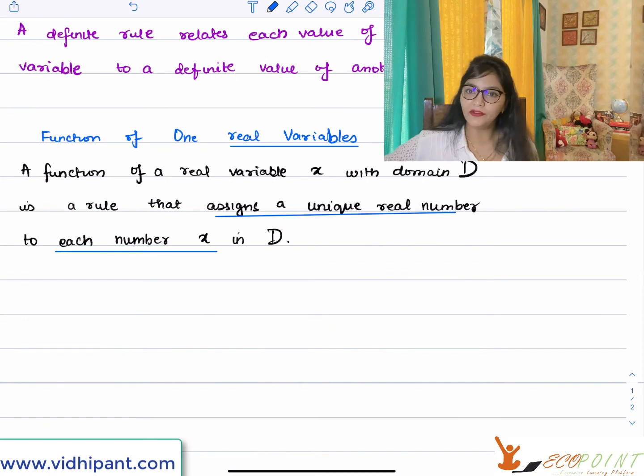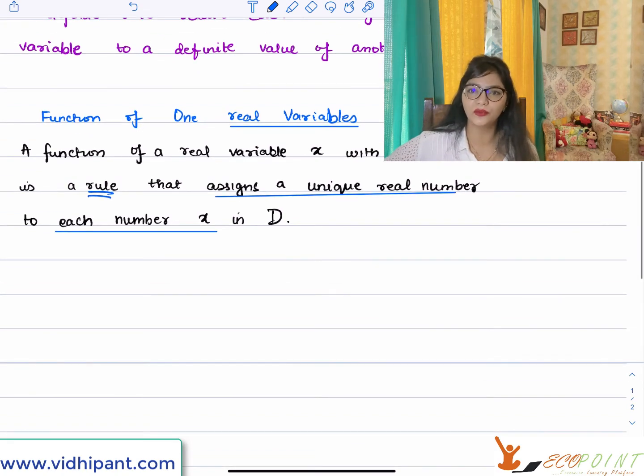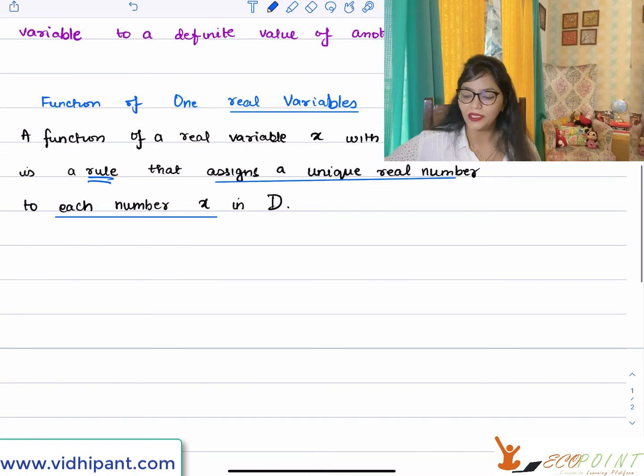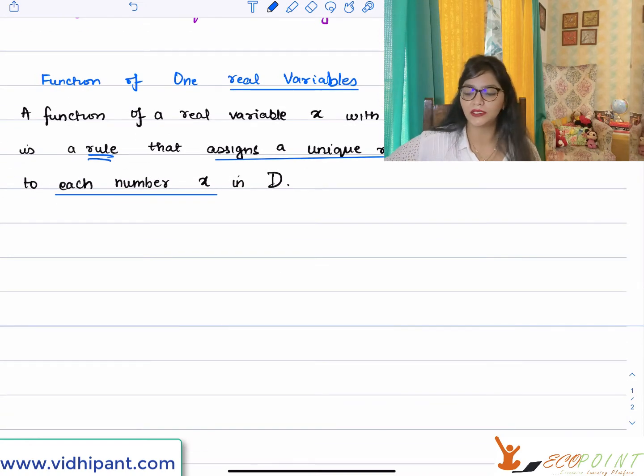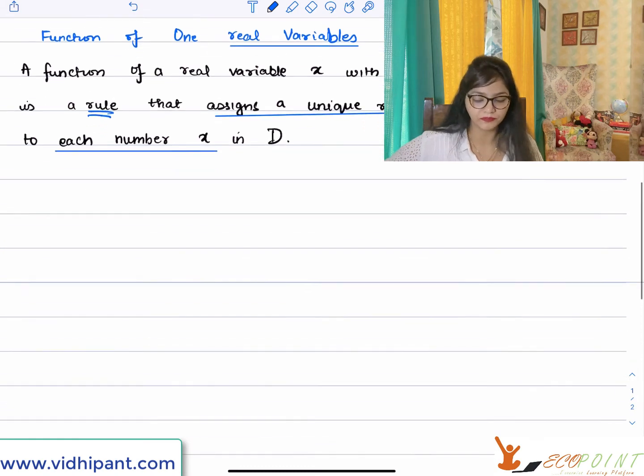Now, just by writing the word rule, you don't get to know what the function is. A rule can be an algebraic expression, or maybe not an algebraic expression but depicted graphically, or like a table.